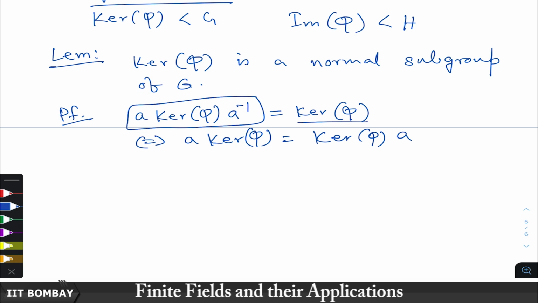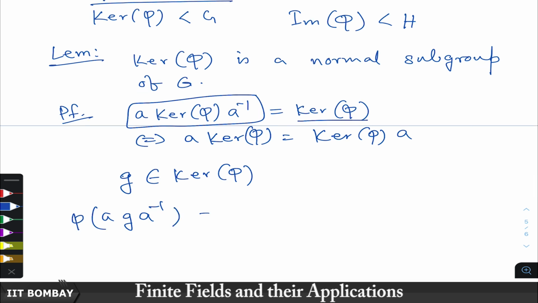So, take any g in the kernel of phi. We will first see that a g a inverse is also in the kernel. To do that, we take the function phi and, using the group homomorphism definition, we see that it is phi(a) phi(g) phi(a inverse), which is the same as phi(a) phi(g) phi(a)^-1.